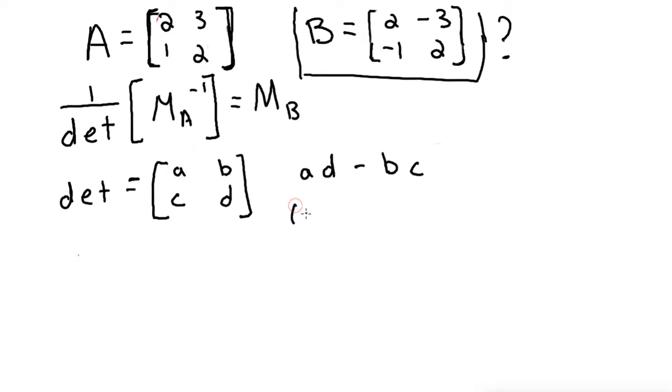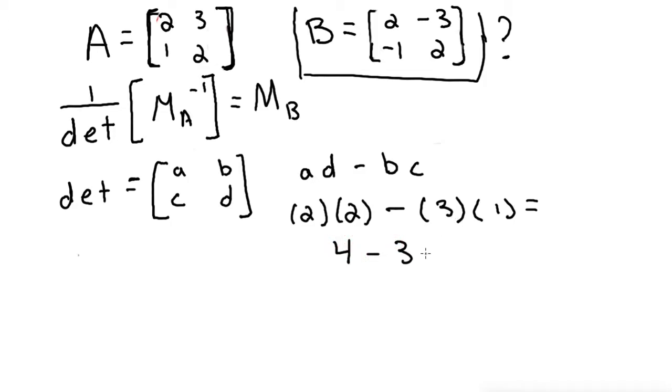So we'll have 2, and the D is right here, will be another 2. And we'll subtract B, which is going to be 3 for this, 3. And then the C is going to be a 1. So if we do 2 times 2, we'll get 4. And then we'll subtract 3 times 1, which is 3. So this will be 1.